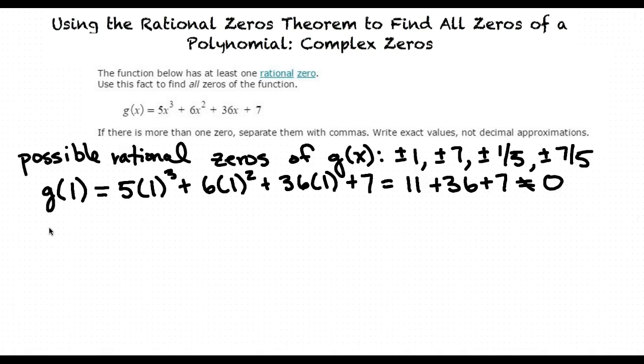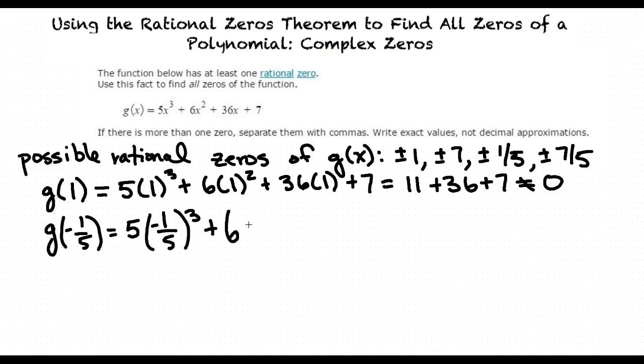Now let's try solving for g of negative 1/5. This is equal to 5 times negative 1/5 cubed plus 6 times negative 1/5 squared plus 36 times negative 1/5 plus 7.